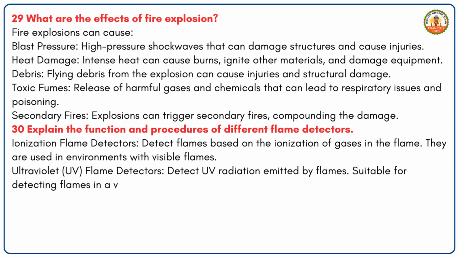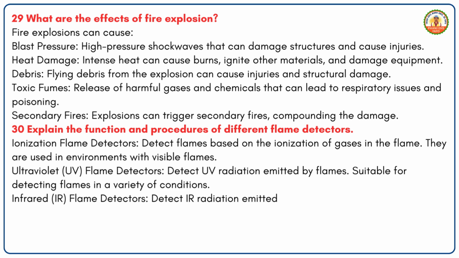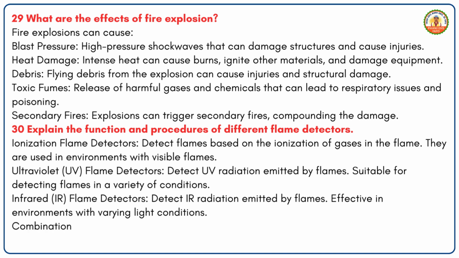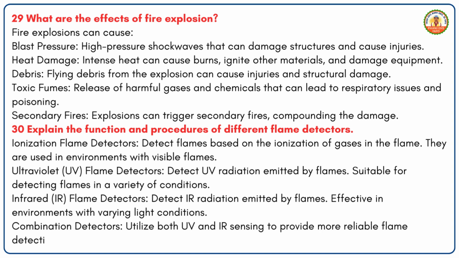Suitable for detecting flames in a variety of conditions. Infrared, IR, flame detectors detect IR radiation emitted by flames. Effective in environments with varying light conditions. Combination detectors utilize both UV and IR sensing to provide more reliable flame detection.